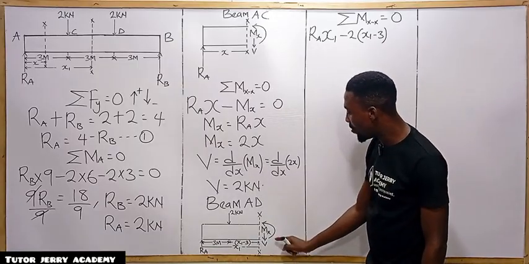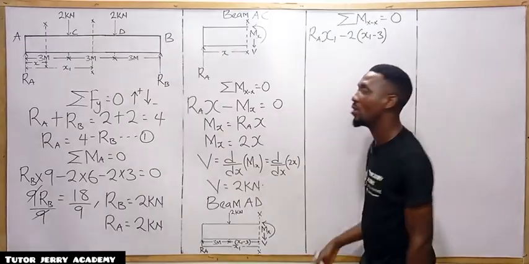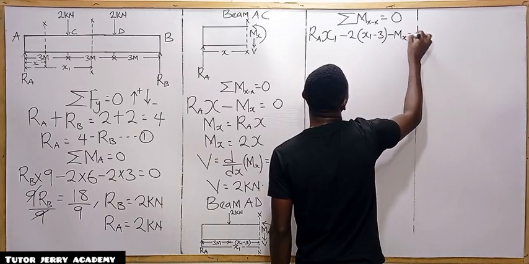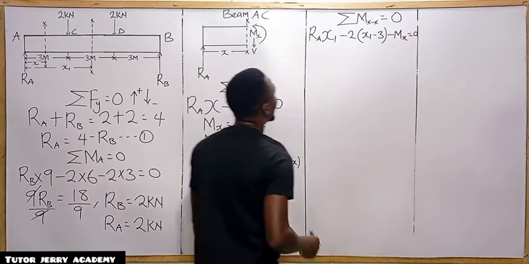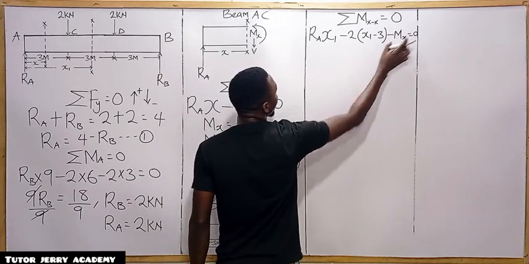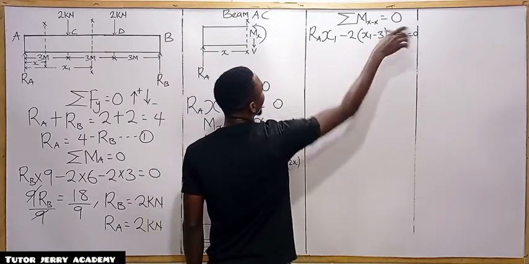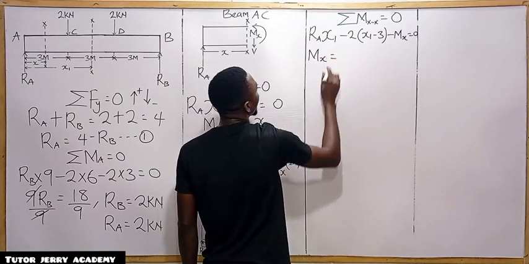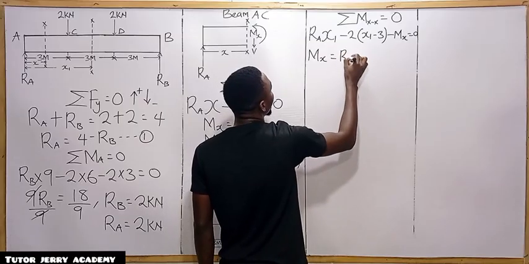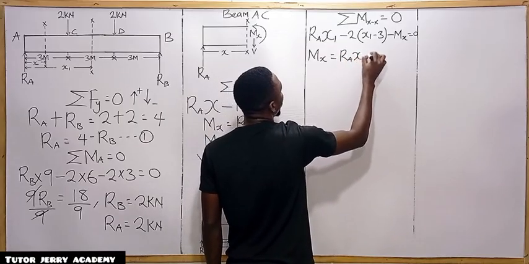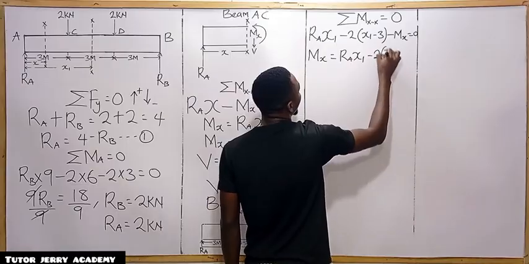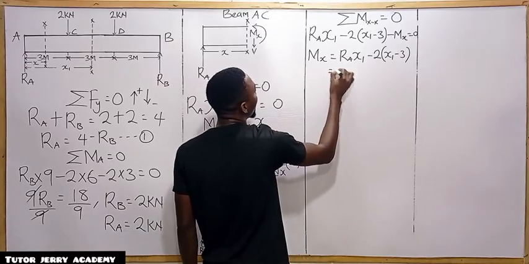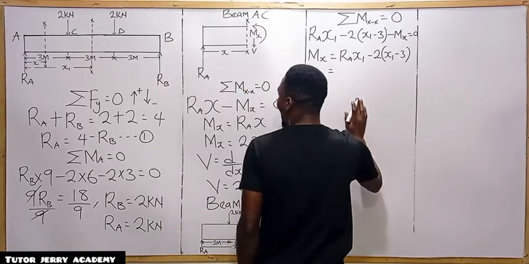This moment here will always be going in the same direction as the downward force, so it's going to be minus Ms equals 0. If we make our moment the subject, taking it to the other side, moment here will be equal to RA S1 minus 2 into S1 minus 3. What is our RA? Our RA is 2.